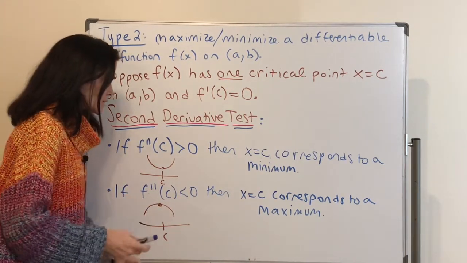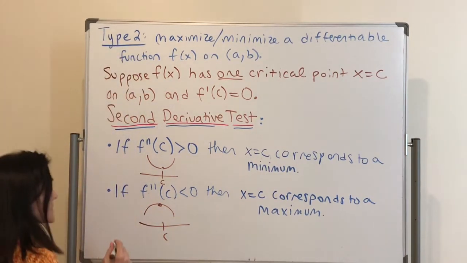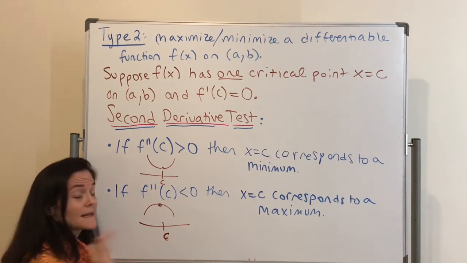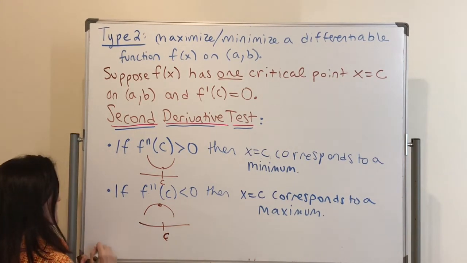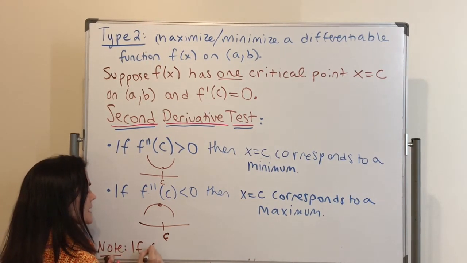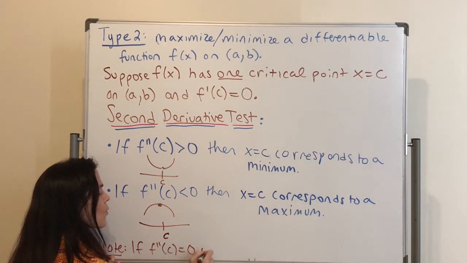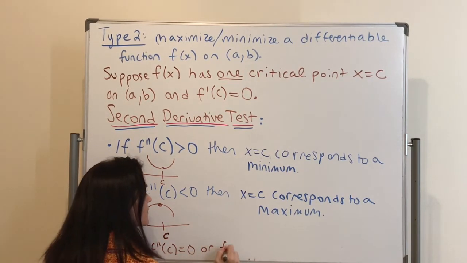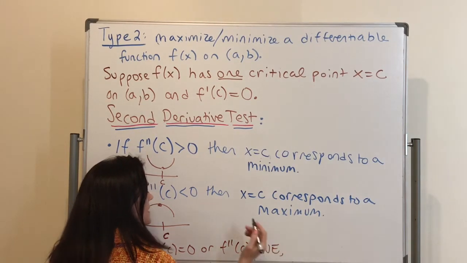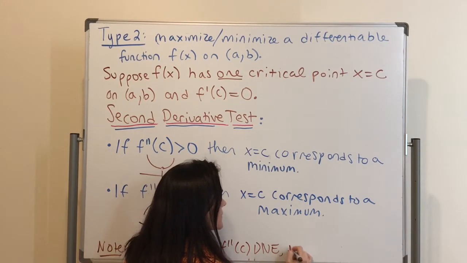If we have negative for the second derivative, concave down, we have a maximum. Now, one more caution, maybe I'll put this at the bottom, and this is why the second derivative test doesn't always work. If you happen to get that the second derivative at c is 0, or the second derivative at c does not exist, then this test gives you no information.